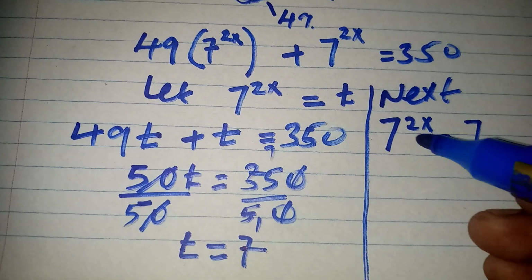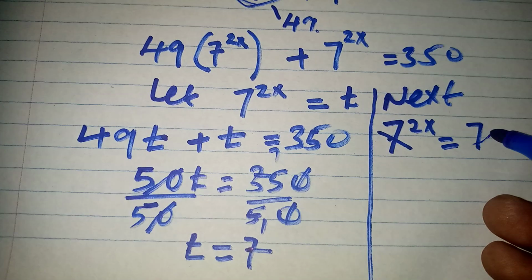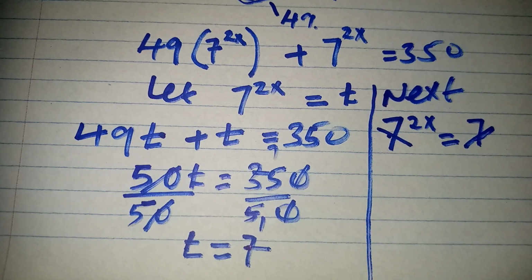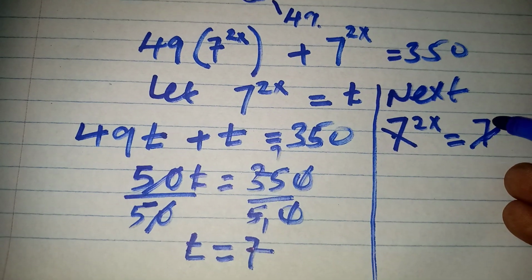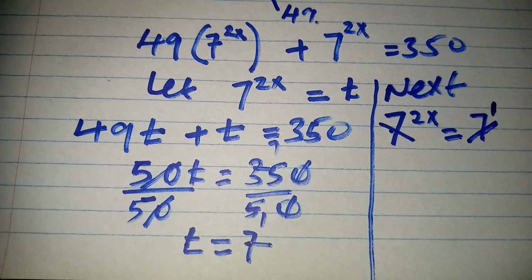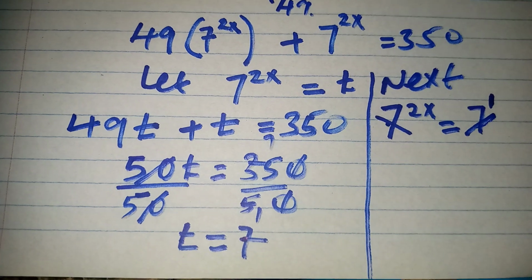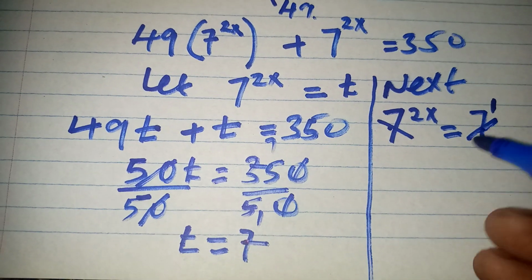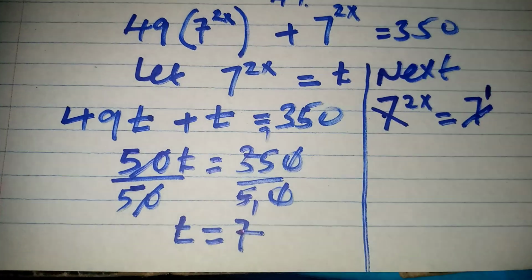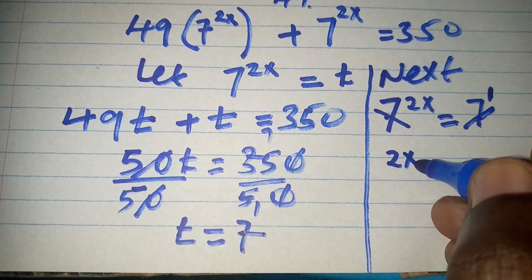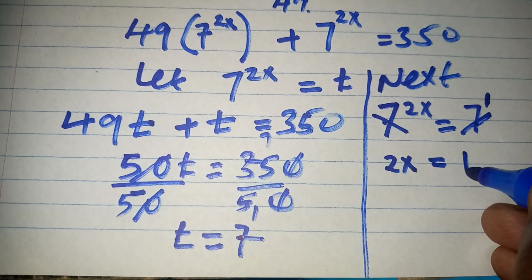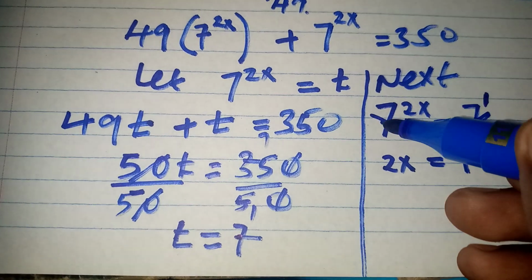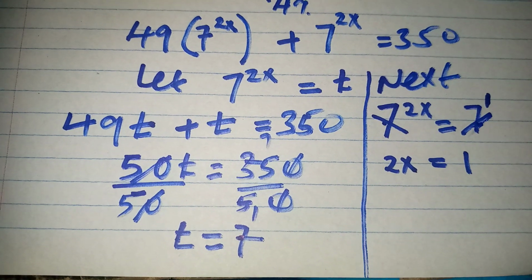According to the law of indices, again, the bases are the same, so I can cancel the bases. Or before I cancel, I know 7 can be written as 7 raised to power 1. So if I cancel the bases, I'll have 2x is equal to 1. I've equated the powers and cancelled the bases.